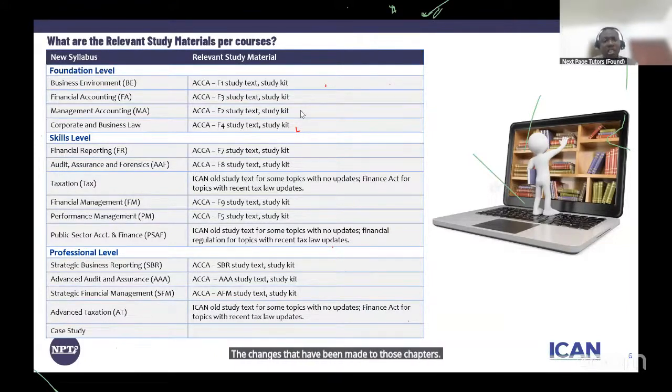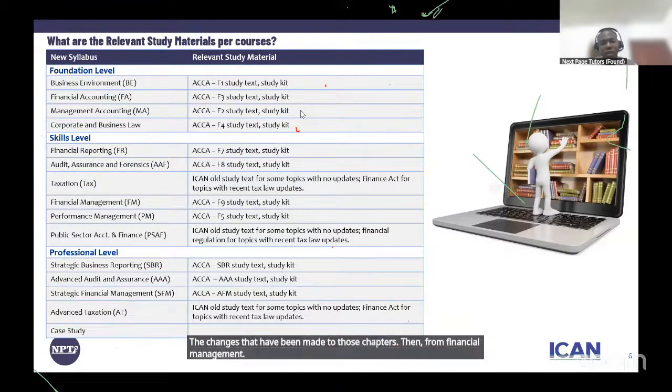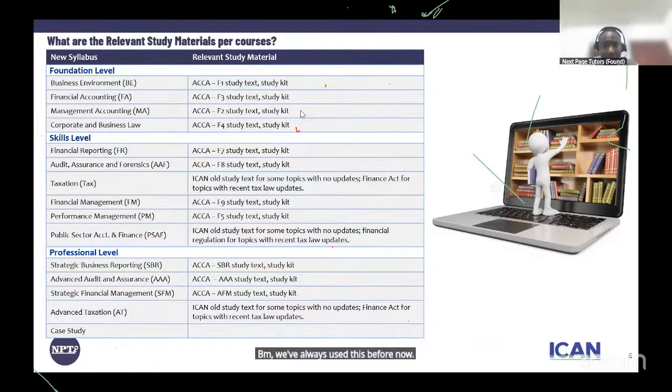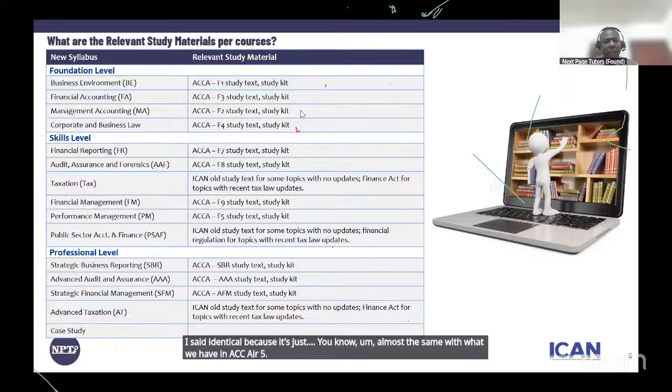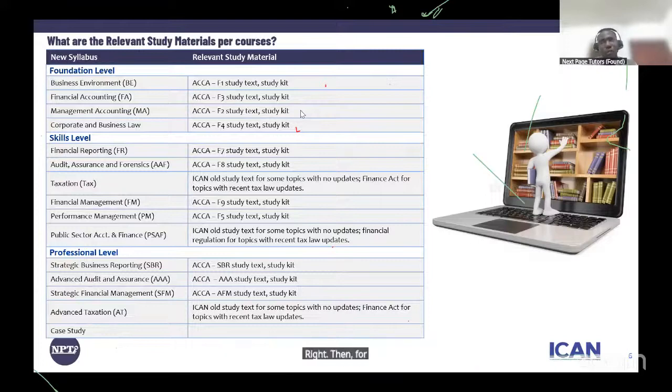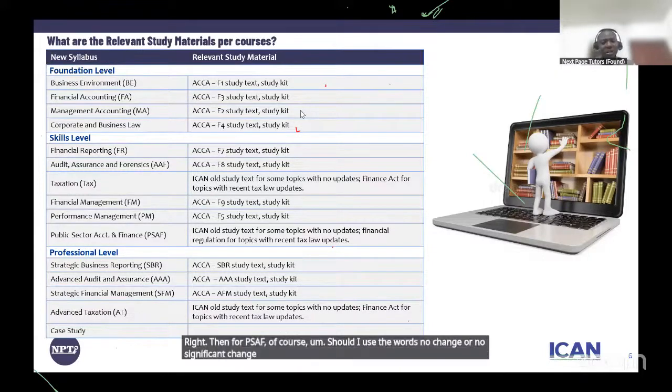Then financial management, of course, is equivalent to ACCA F9. For PM, we've always used this before now. It is identical, I say identical because it is almost the same as what we have in ACCA F5. Then for PSAF, there is no significant change to PSAP.